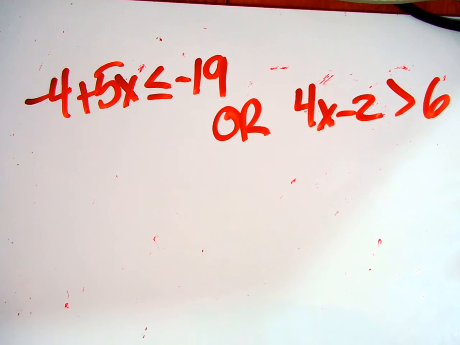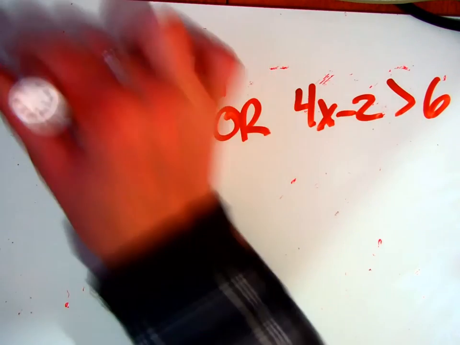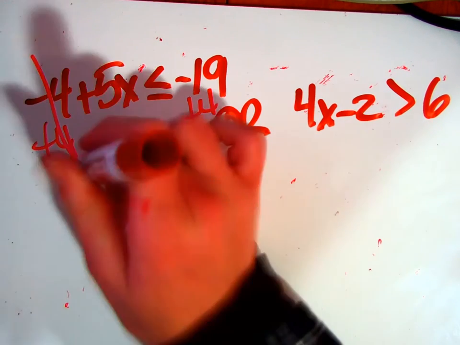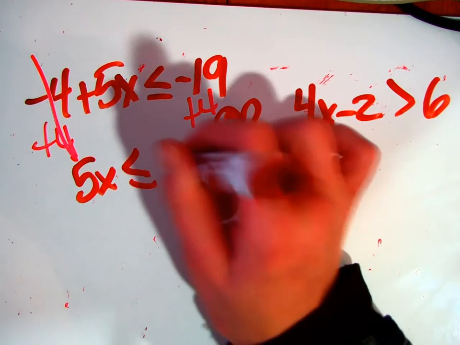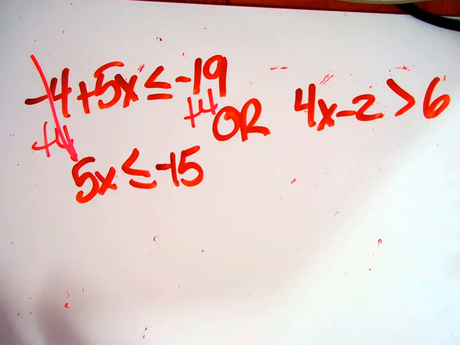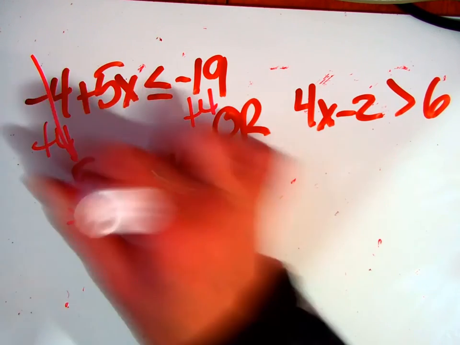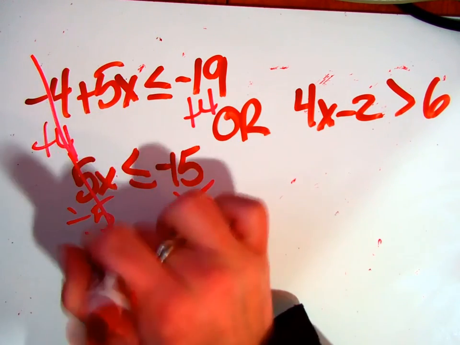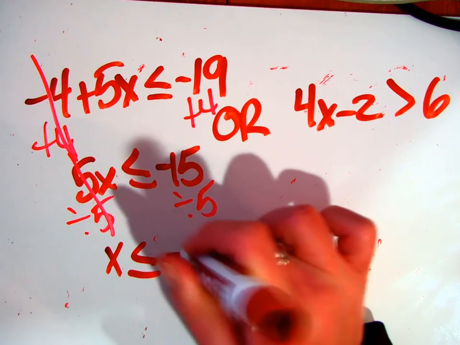Negative 4 plus 5x is less than or equal to negative 19, and 4x minus 2 is greater than 6. So I'm going to start by getting rid of the negative 4 by adding 4 on both sides. They cross out. 5x is by itself. Symbol stays the same. Negative 19 plus 4 is negative 15. To get rid of the 5, we will divide. 5's are gone. X is by itself, symbol stays the same, and negative 15 divided by 5 is negative 3.